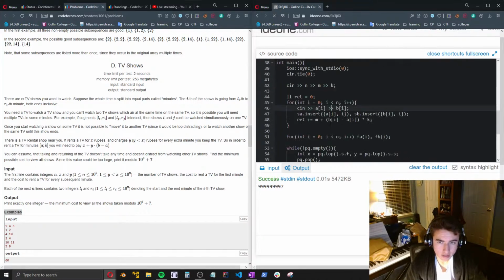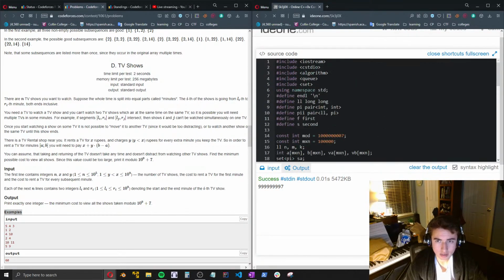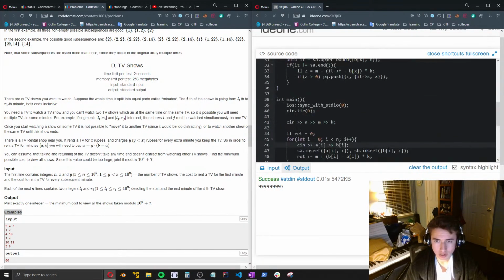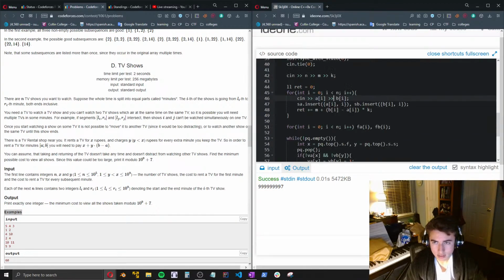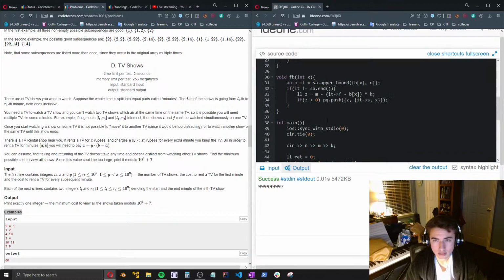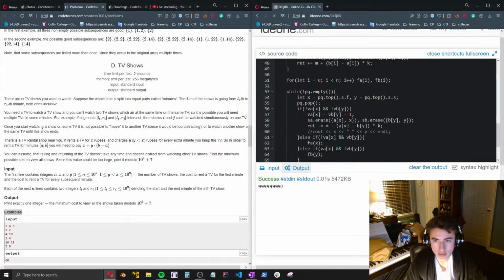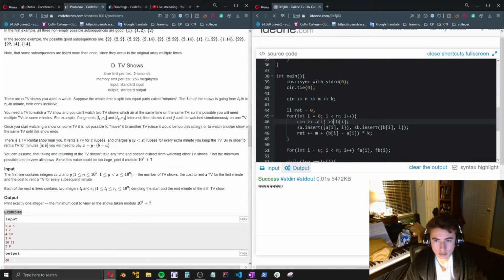So we're reading in the intervals, putting them in the sets. There shouldn't be overflow, because A and B_i are at most 10 to the 9th. Now you add the value for that interval.